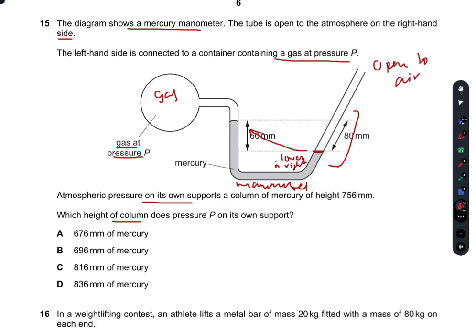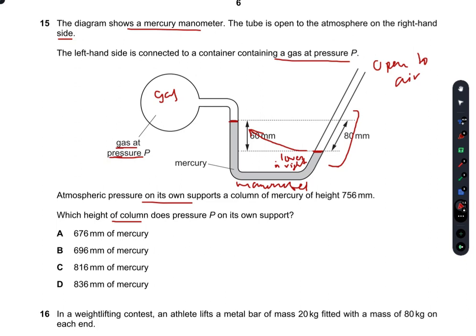Whereas on the other hand, this gas at pressure P has the mercury column greater than the right hand side.